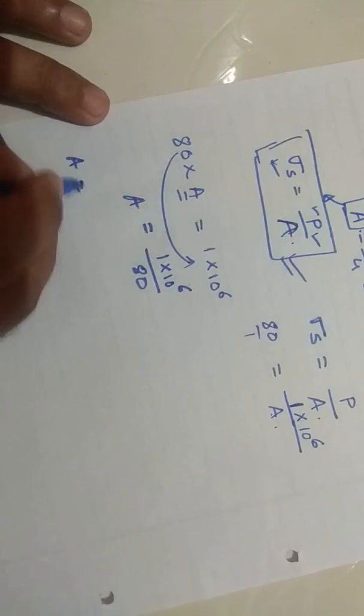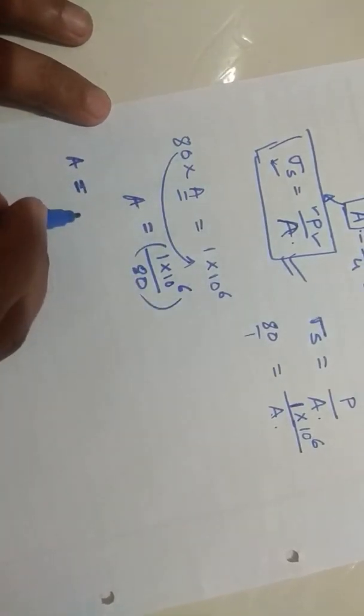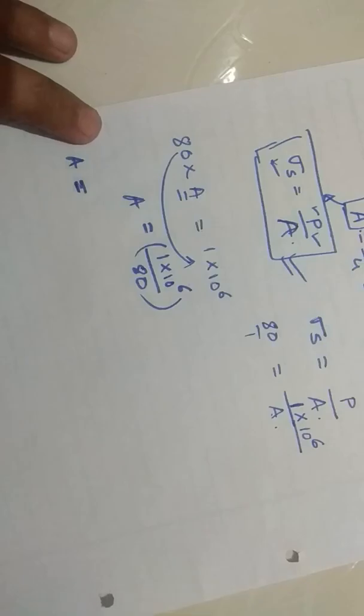Find this quantity and A becomes the area, and by solving this quantity A is equal to 12500 mm square. We know that area is equal to pi by 4 d square. Put the value here, 12500, which is the area A, is equal to pi by 4 d square.